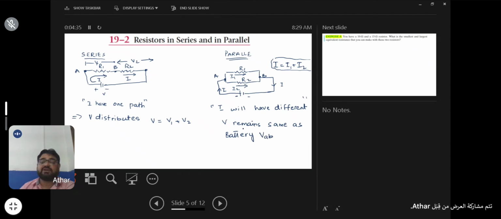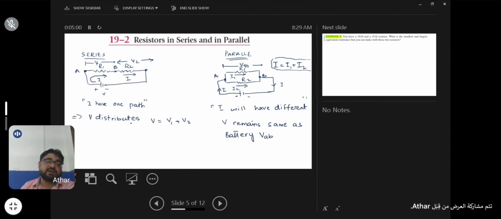So you will have VAB voltage across this. So total voltage from A to B is equal to the voltage of the battery, that is V or VAB, whatever you will say. Because you can see the terminals here are A and B. So the voltage from the battery has the same terminals and the resistances also have the same terminals.